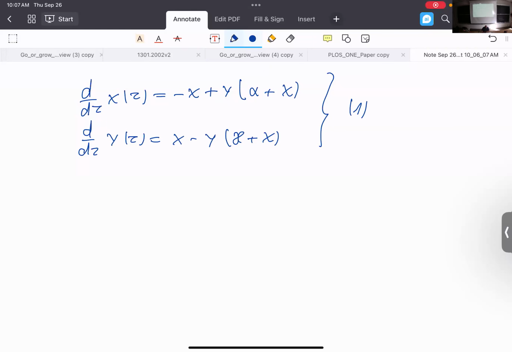But all this is boring because we did this already. And I want to show you a new method. And we use initial conditions of x at time 0 is x bar, and y at time 0 is y bar.